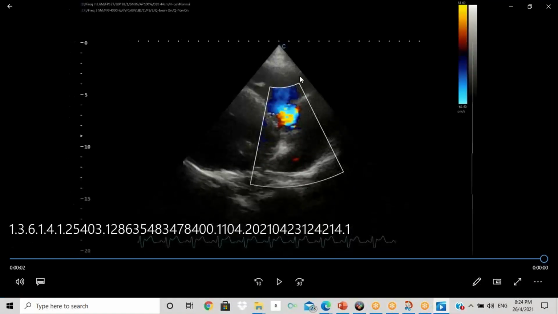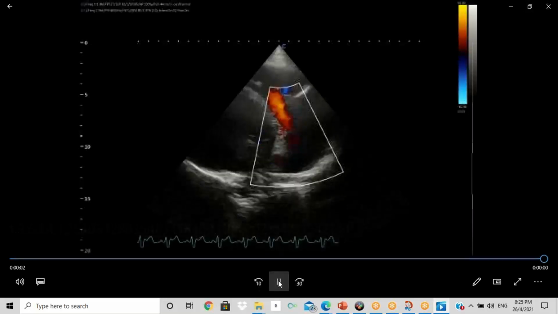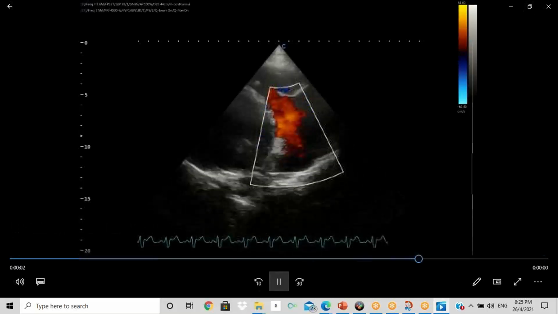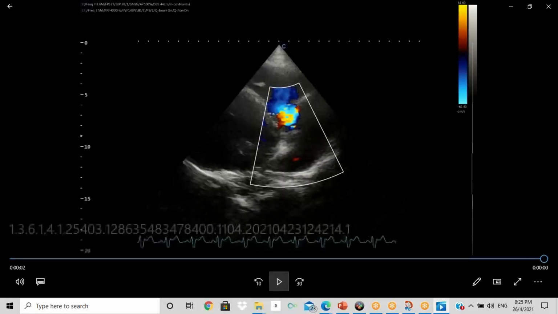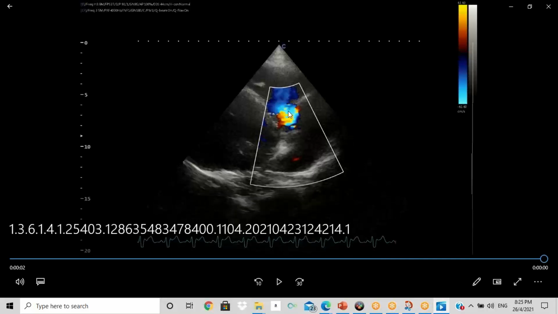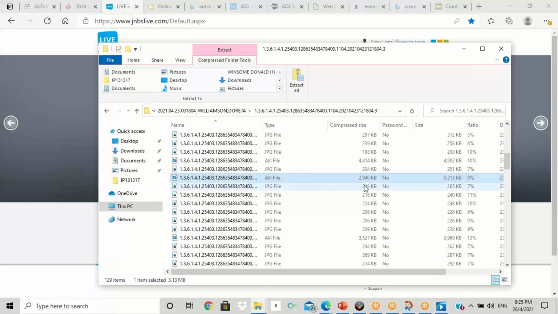It tells you that there's a flow. This is your transducer right there. There's a flow from the RV across the tricuspid valve into the right atrium. So that's tricuspid regurgitation. The color just identifies it, and you can make a rough assessment: is it mild, moderate, or severe? For quantification purposes, we have other tools that we use.